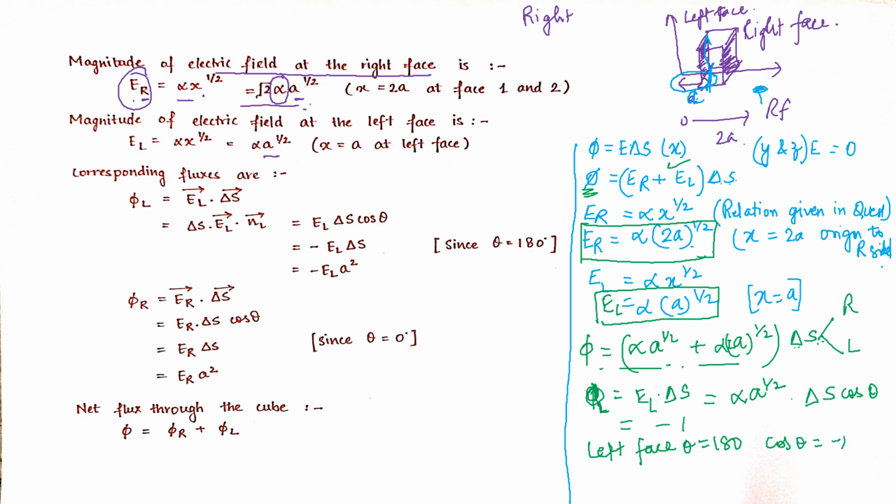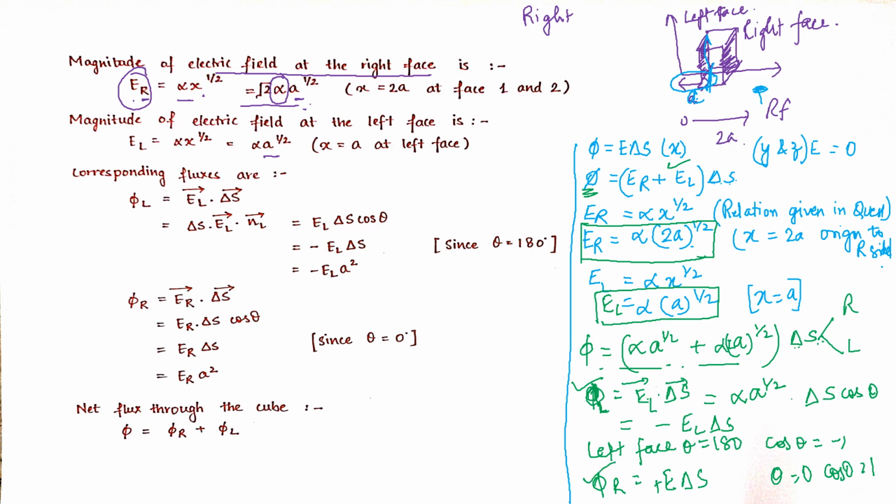So our equation will become E into this. Earlier, in the dot product, we had vectors. Now we have scalarized it and these are not vectors anymore. We can give them values. Similarly, flux at right will be E del S. That will be positive. Why? Because theta is 0 degrees and cos 0 degrees equals plus 1. So this is our flux at left and flux at right.